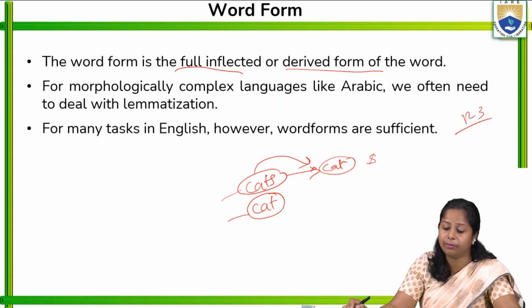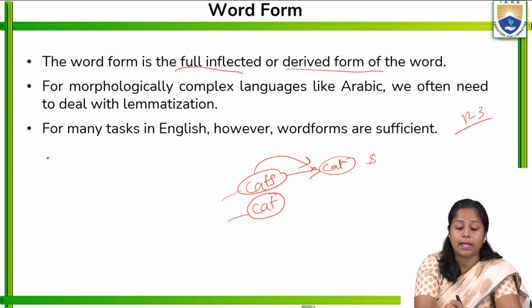By this example we can understand that this is used for morphologically complex languages, like Arabic. In those we often need to deal with lemmatization. Lemmatization is a task to deal with inflection only. From an inflected word we can derive the base word, and we have to understand how the inflected word is used.